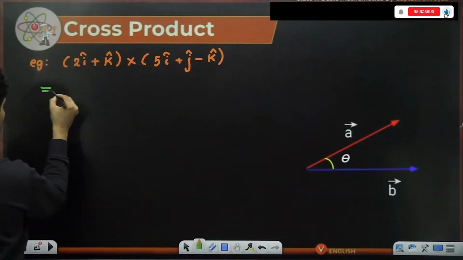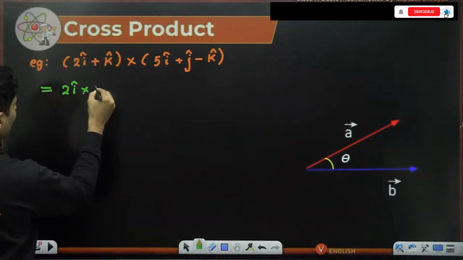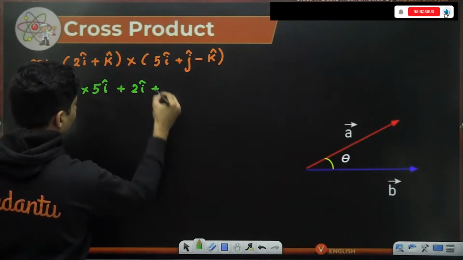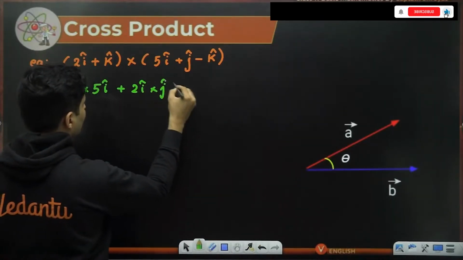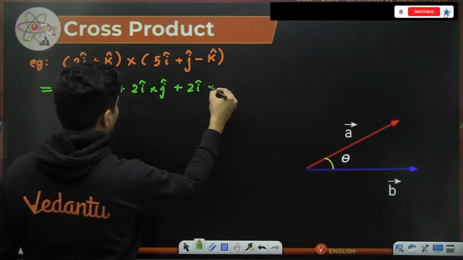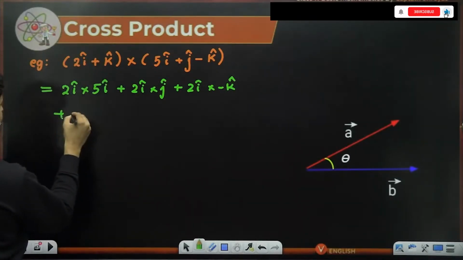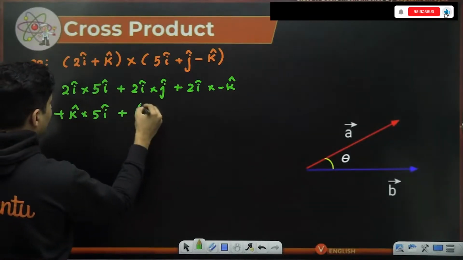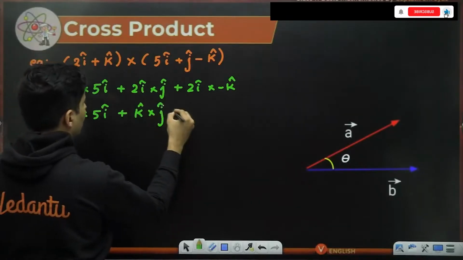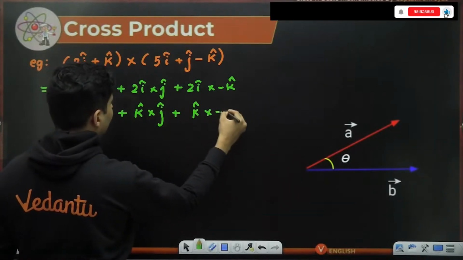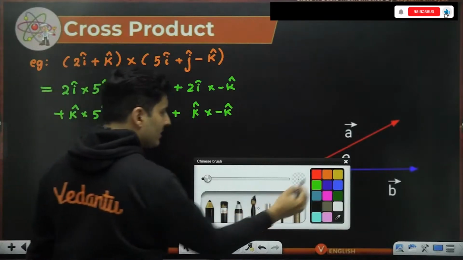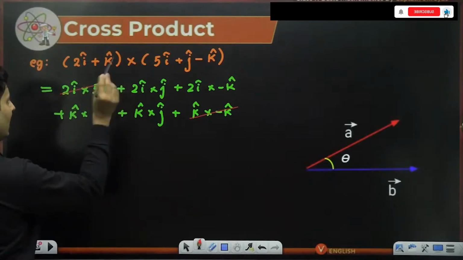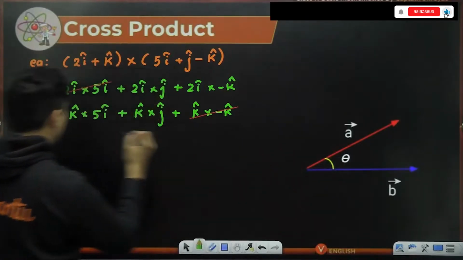Obviously open up and do all the multiplications: 2 i cap cross 5 i cap, plus 2 i cap cross j cap, plus 2 i cap cross minus k cap, plus k cap with 5 i cap, plus k cap with j cap, plus k cap with minus k cap. Out of these, k cannot be multiplied with k, the answer will be 0. i cannot be multiplied with i, the answer will be 0. So only a few of the terms are left.